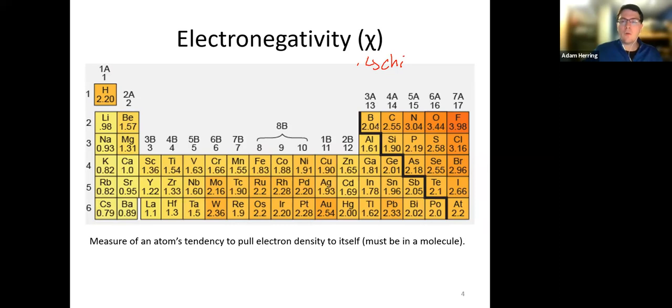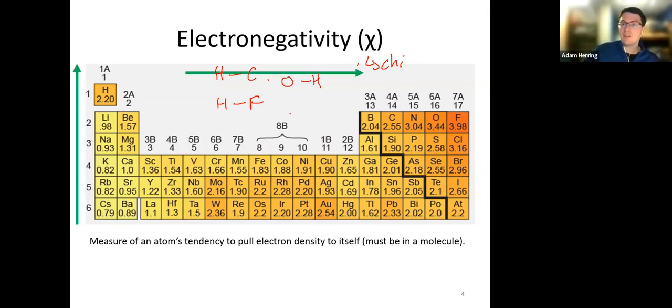So while we give each element its own value for electronegativity, we would not talk about the hydrogen atom having electronegativity. We can only talk about the hydrogen that's bound to some other element, be it carbon or fluorine or oxygen, etc. So we're looking at relative pulls of electron density towards itself.